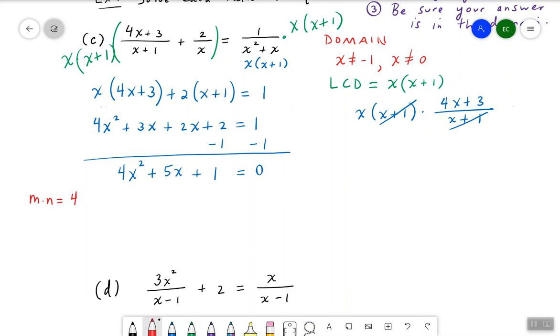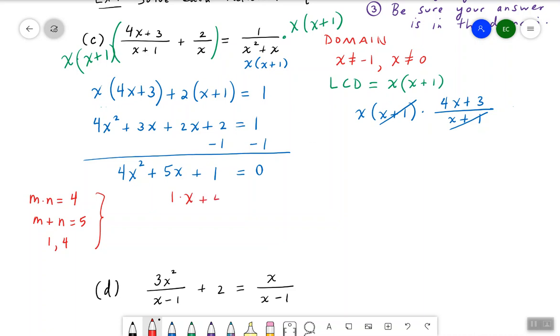So find two numbers that multiply to 4 and also add up to 5. And we can see pretty quickly that that would be 1 and 4. And so remember how we do this now. We're going to rewrite the middle term as the sum of 1x plus 4x.